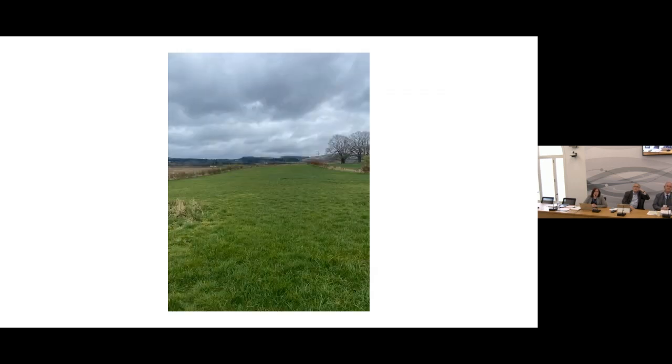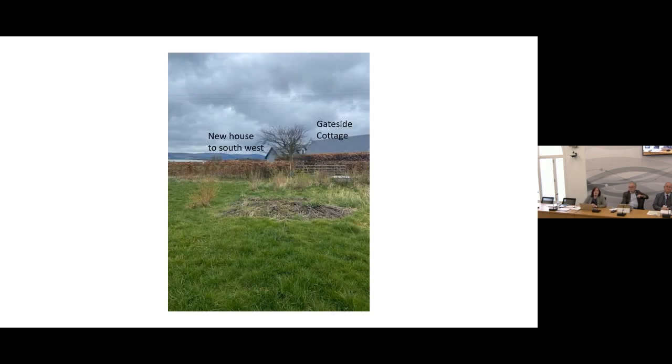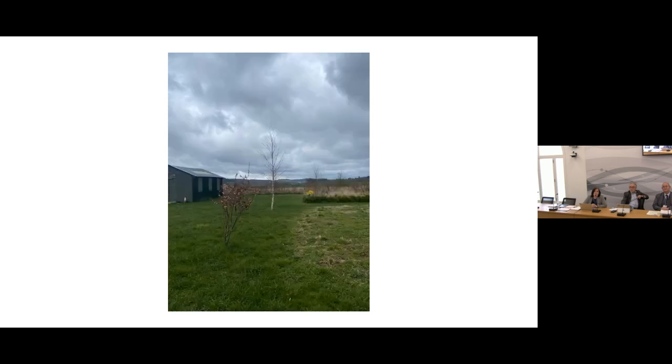Next slide, please. And then this is as you are in the appeal site, looking up along either side of the application site, basically with the trees and the hedging either side, looking towards the other land in their ownership. And this is looking towards Gateside Cottage again with the new house to the southwest over the back there. This is from within the application site. Next slide, please.